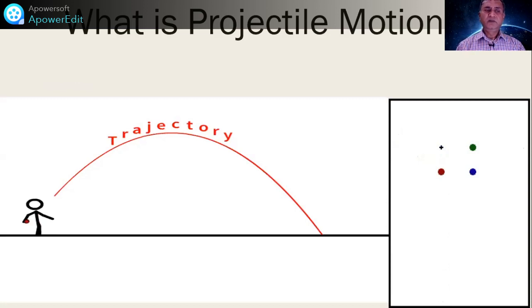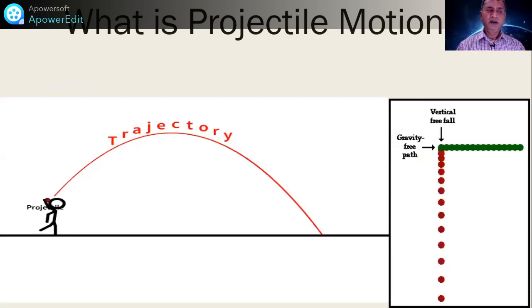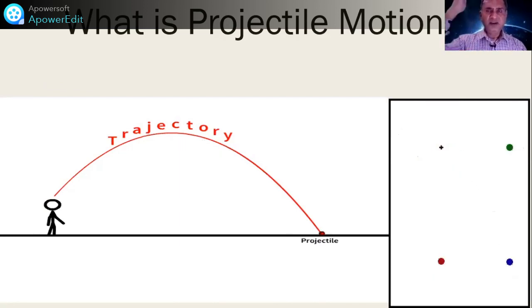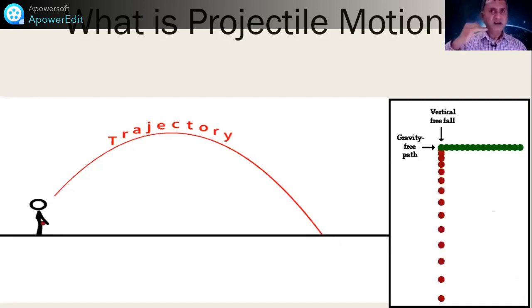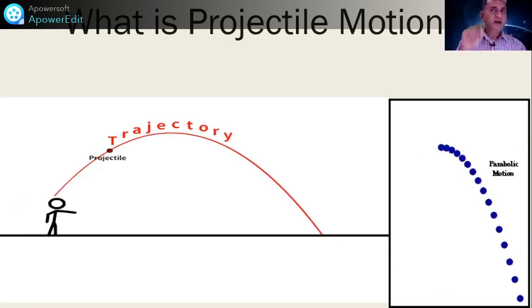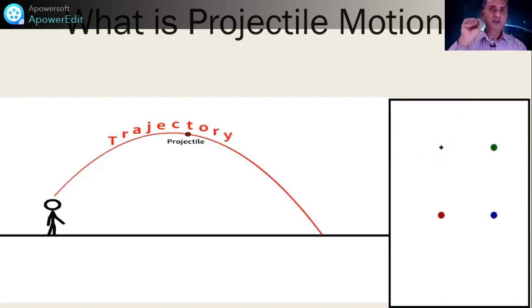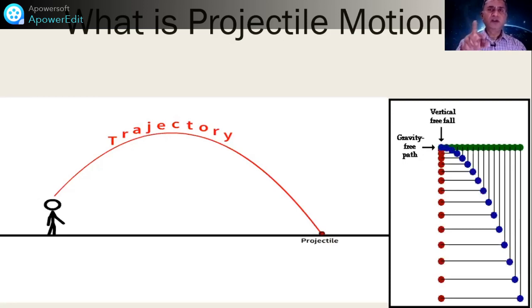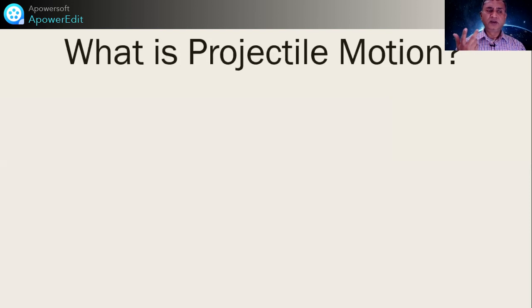This you can see over here. The ball is showing a change in altitude, a change in height, so vertical motion is there, and the body is also traveling the horizontal distance. So this type of motion, which is the combination of horizontal and vertical motion, is called projectile motion.